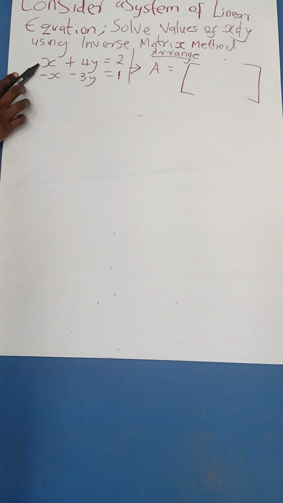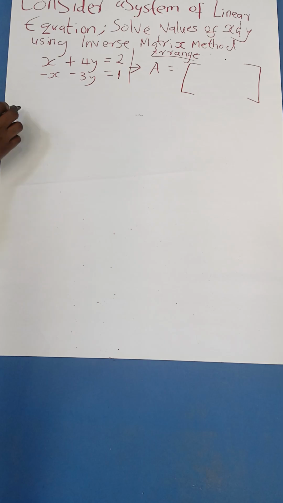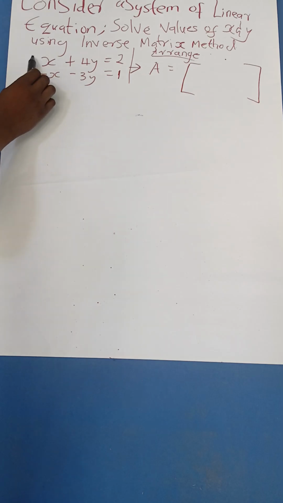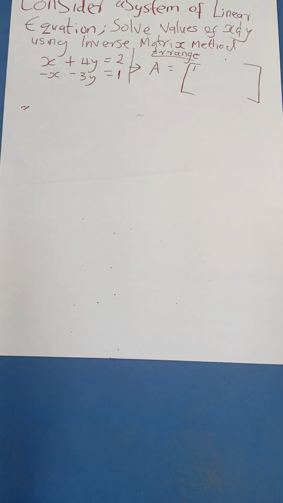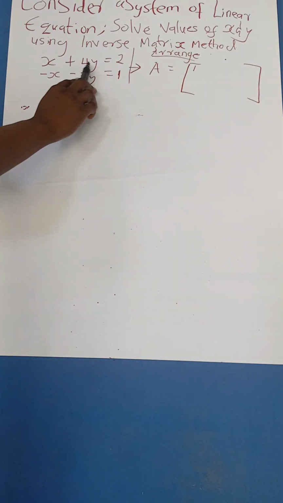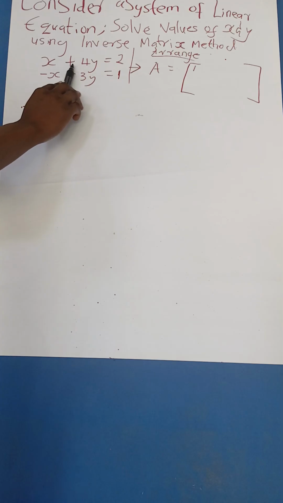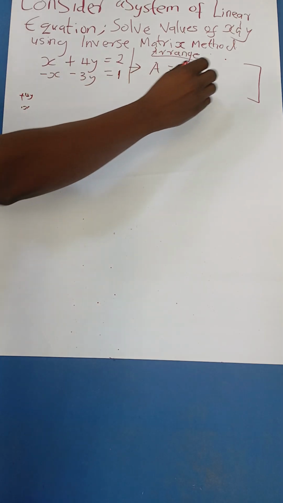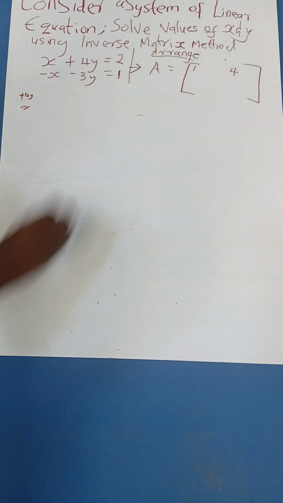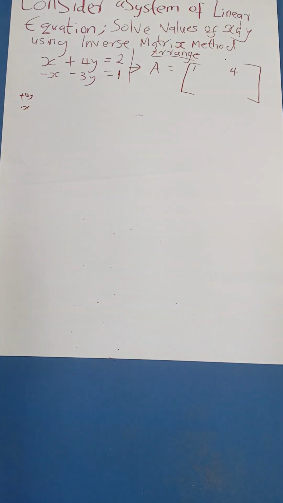Here you can see it's x. x is just the same as 1x, so the value here is 1. Then 4y, just positive 4y, so here we have 4. Just follow step by step.